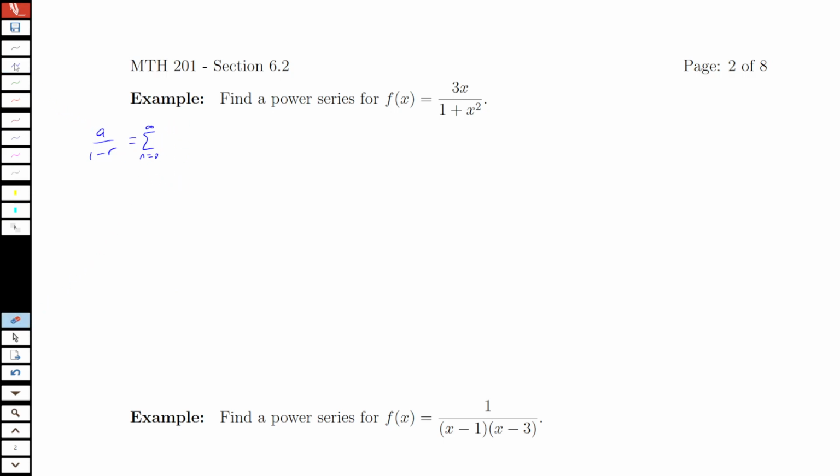Getting a little ahead of myself. a over 1 minus r is the sum of a r to the n. Okay. So in this case, if I let my r be the opposite of x squared, set r equal to negative x squared and a equal to 3x.